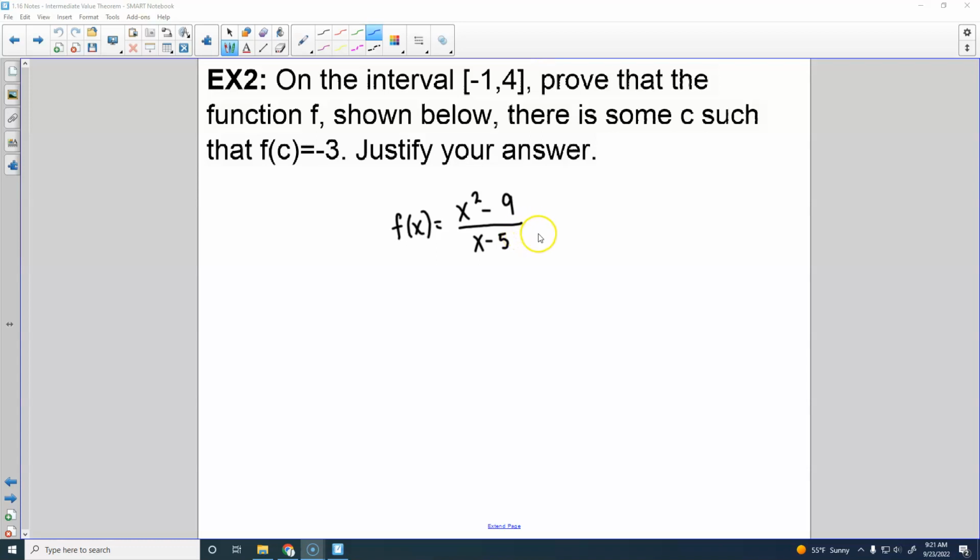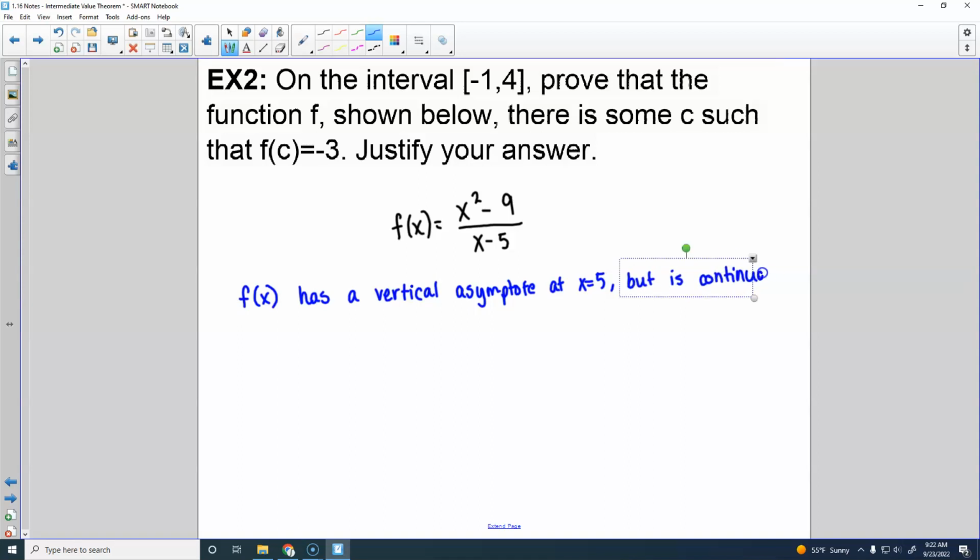It's not continuous everywhere. Where does it have a discontinuity? 5. Is that between -1 and 4? No. So, we would say f of x has a vertical asymptote at x equals 5, but is continuous everywhere else.